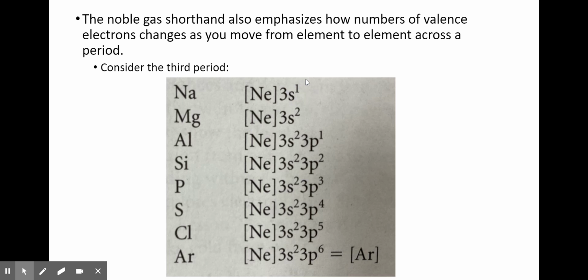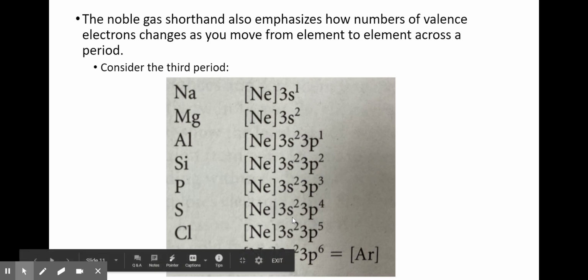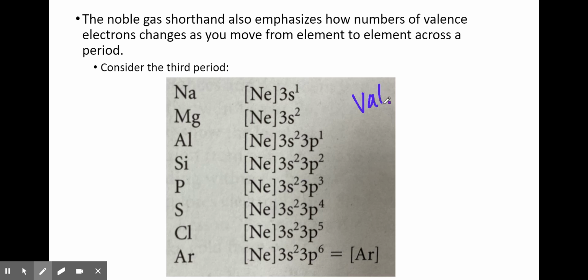So we would have 1 valence electron, 2 valence electrons, 3, 4, 5, 6, 7, 8 valence electrons. But something to pay attention to: you can only count valence electrons in the same shell.